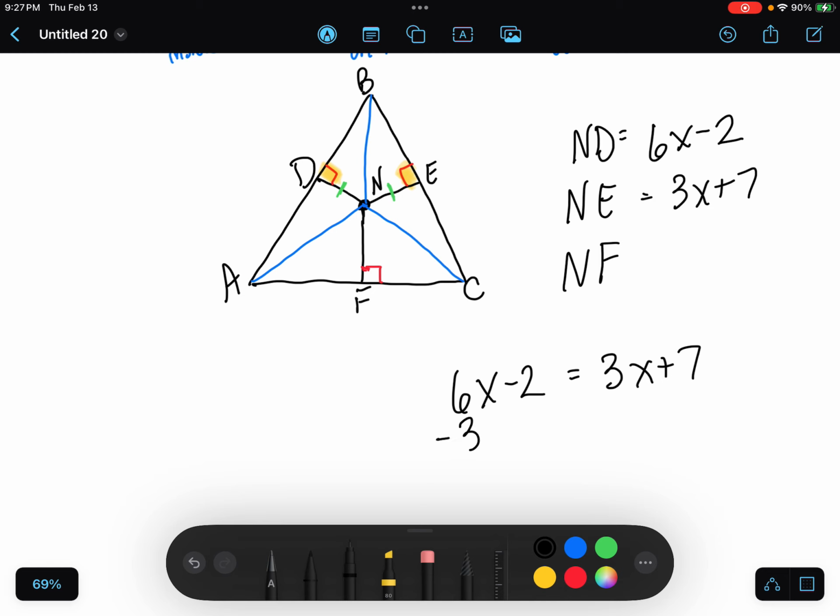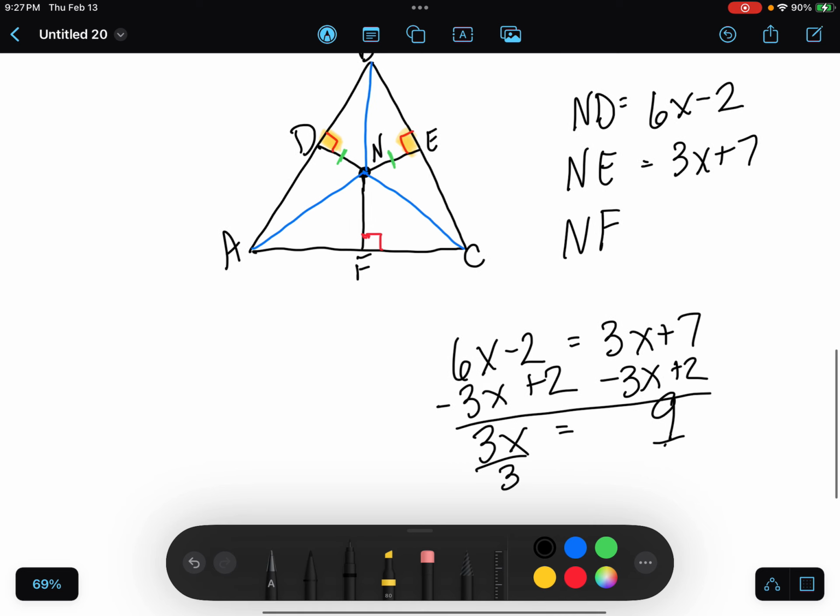So if I subtract 3x from both sides and add 2, I get 3x equals 9, or x equals 3. Okay?